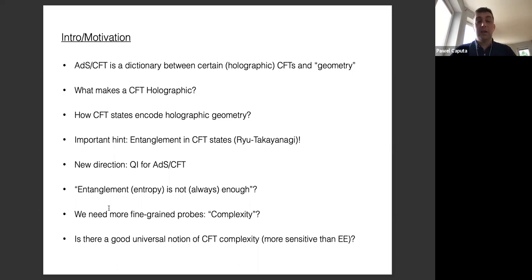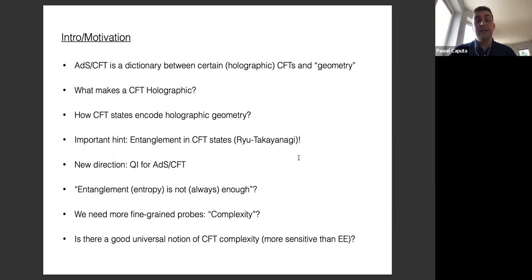But sometimes we have examples where entanglement entropy, at least in CFTs, is not enough to fully determine the gravitational dual geometry. For example, we have some geometries where these Ryu-Takayanagi surfaces saturate very quickly when we do some time evolution.